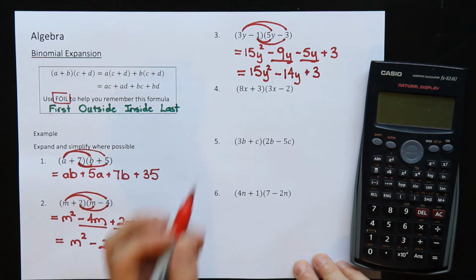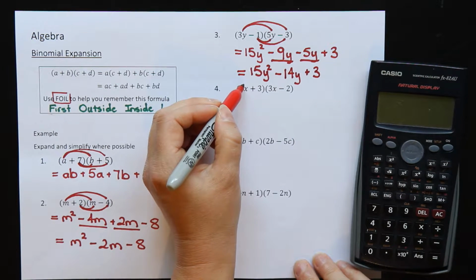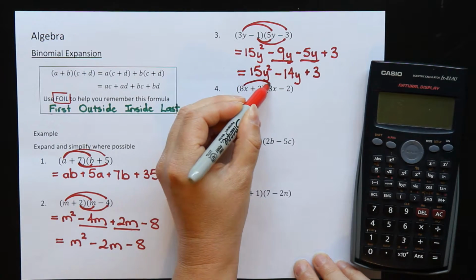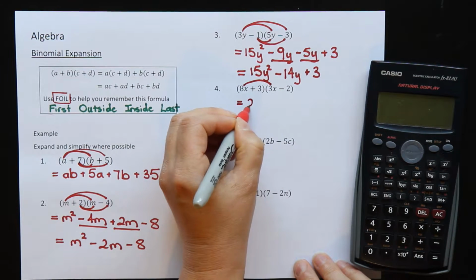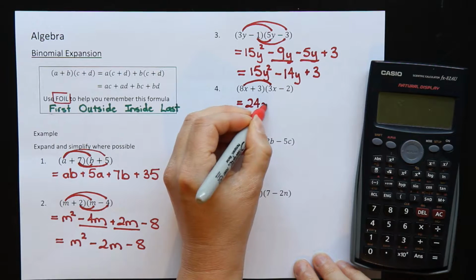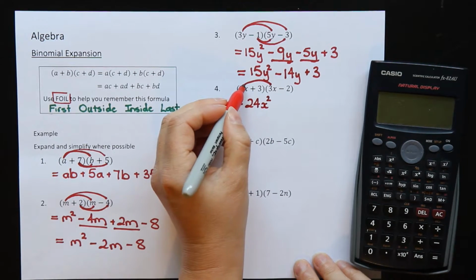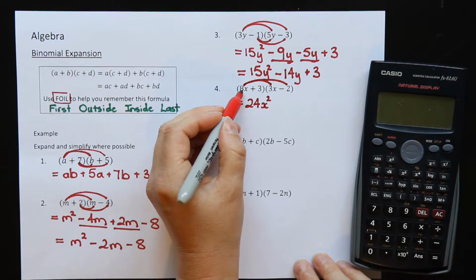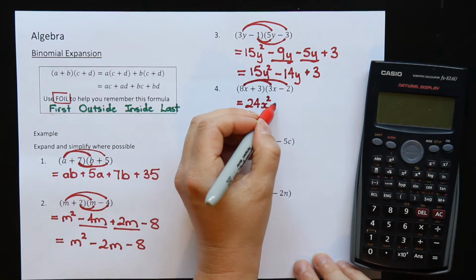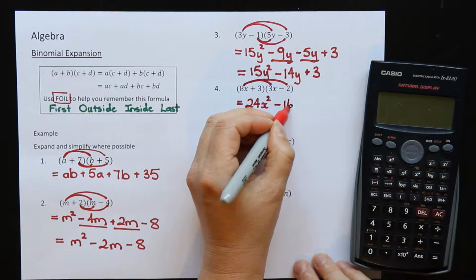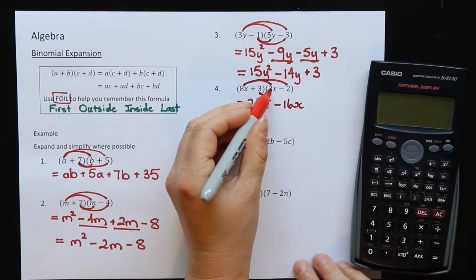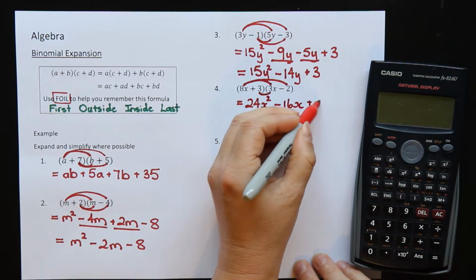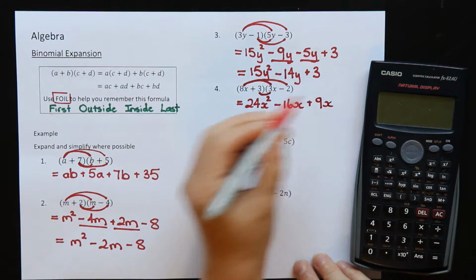Okay, question 4. Repeating the process again, FOIL. So first, 8x times 3x. 8 times 3 is 24x squared. And then outside, 8x times minus 2 is minus 16x. I is for inside, 3 times 3x, 3 3s are 9, and x.